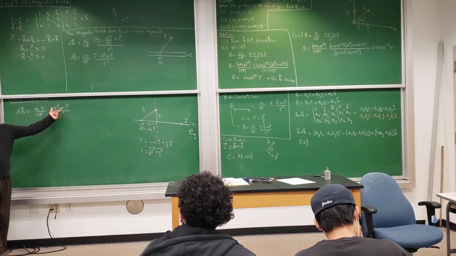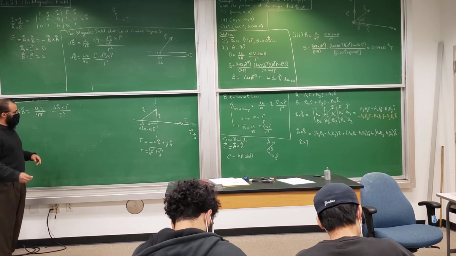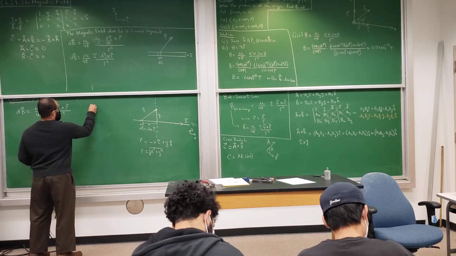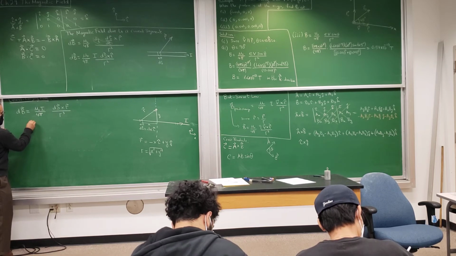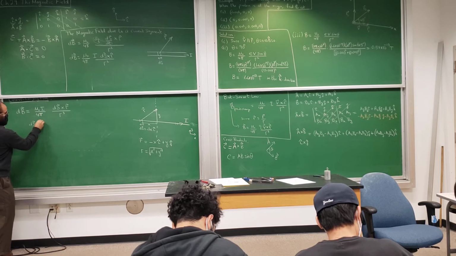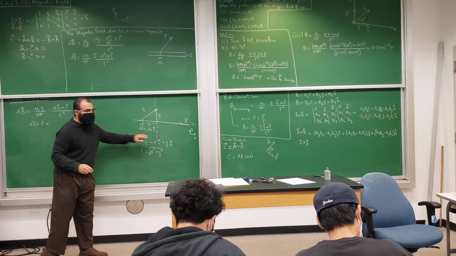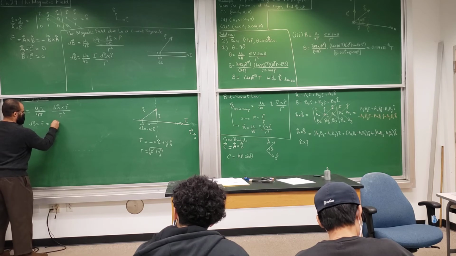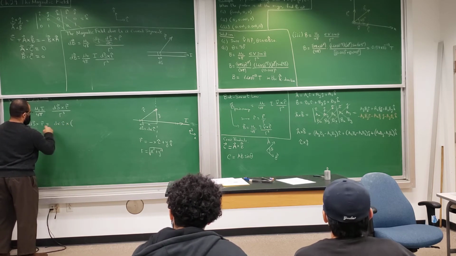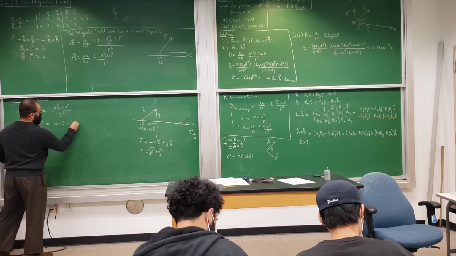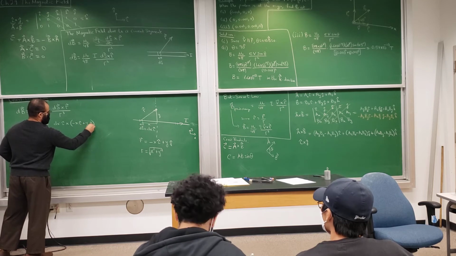Now let's first calculate this cross product, which makes life easier. ds crossed with r: ds is dx i hat. So you have dx i hat cross product with r, which is negative x i hat plus y j hat.